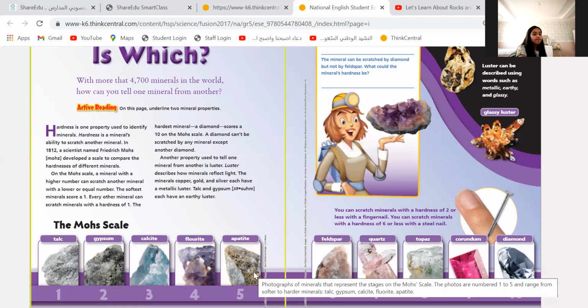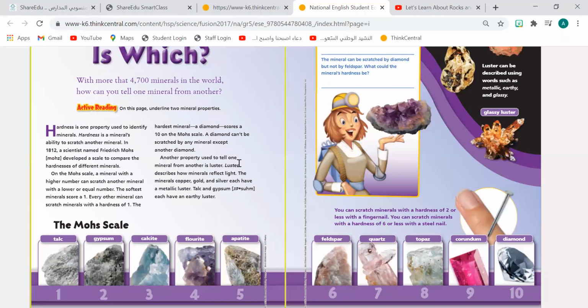This property, they call it luster. What do they call it? Luster. Yes, you can underline the word luster. So it describes how minerals reflect light, and these minerals like copper, gold, and silver each have a metallic luster.